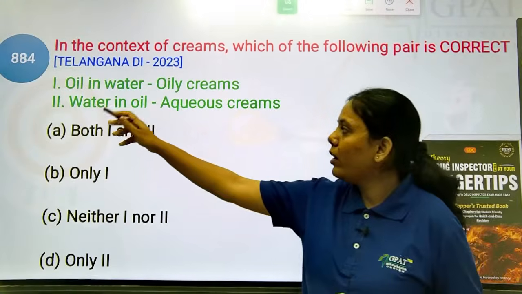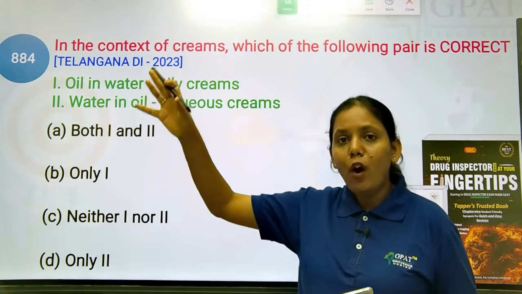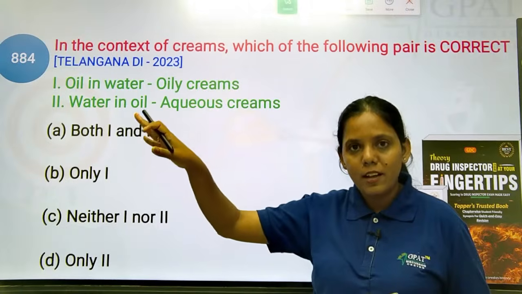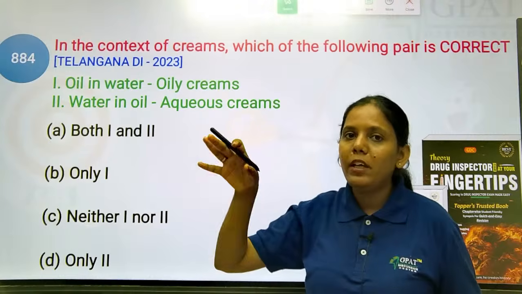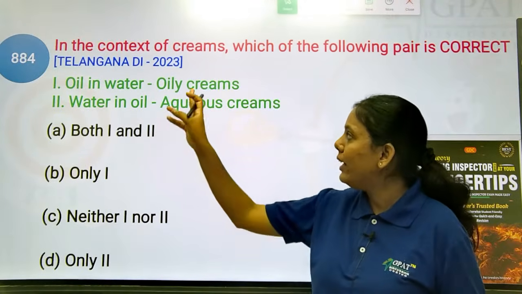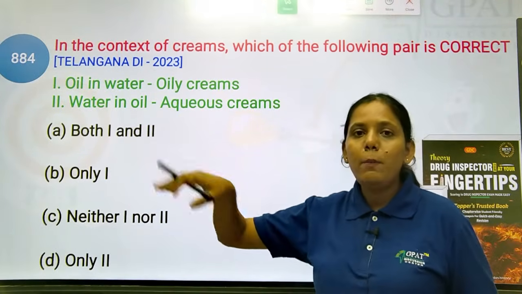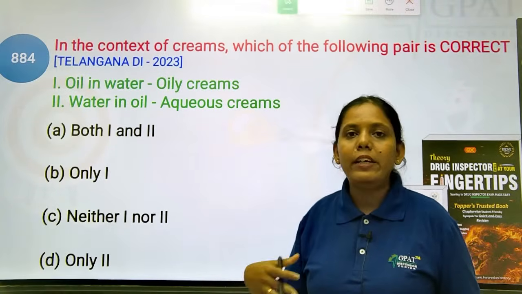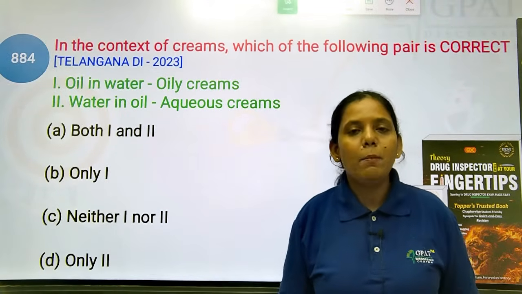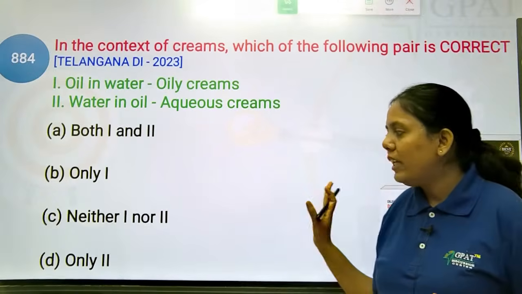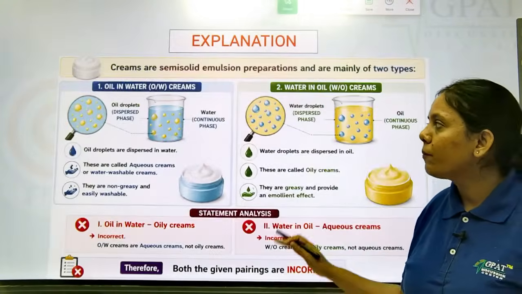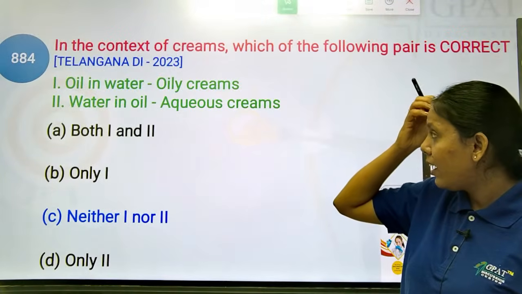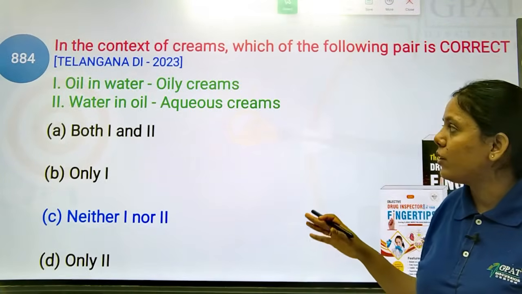See, if it is oil in water, where water is present as the external phase, that means it is present in higher quantity. It will be your aqueous cream, not your oily cream. And water in oil means oil is present in higher quantity. That is the external phase. That means it will be an oily cream. So neither the first nor the second. Option C is the right answer. Very good. This was asked in the Telangana DI 2023 question.